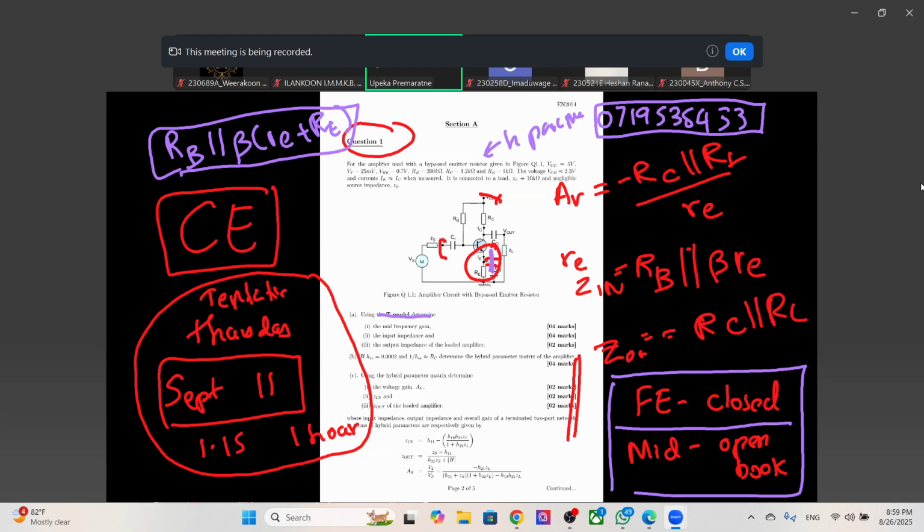You won't be examined on operational amplifiers. You'll be examined on what we have done up to frequency analysis. That's it for today.